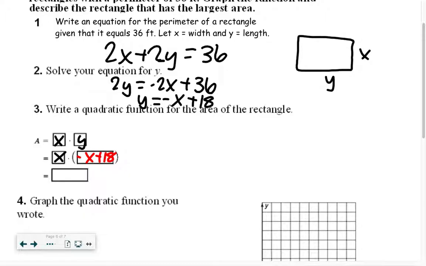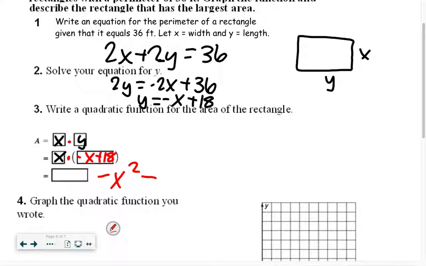Plug in what we just solved for y into y. Okay. So now you just have x times negative x plus 18. Now we got to multiply, right? We have to distribute. What's x times negative x? Negative 2x. Nope. Negative x squared. 18 times x. Negative 18x.